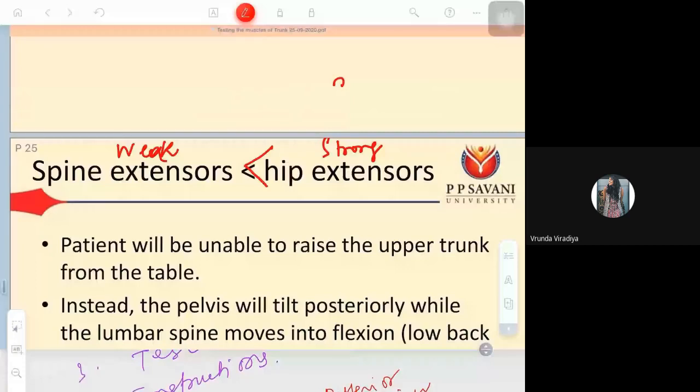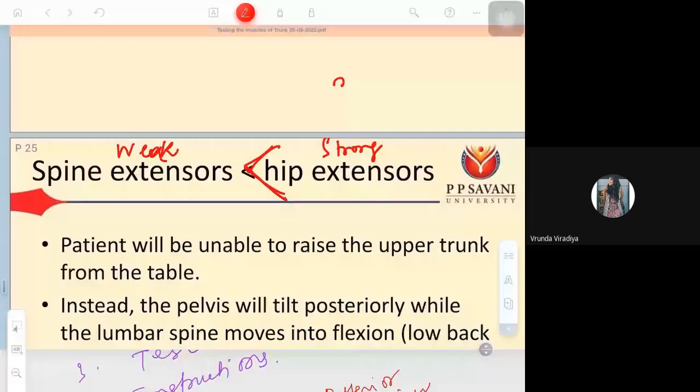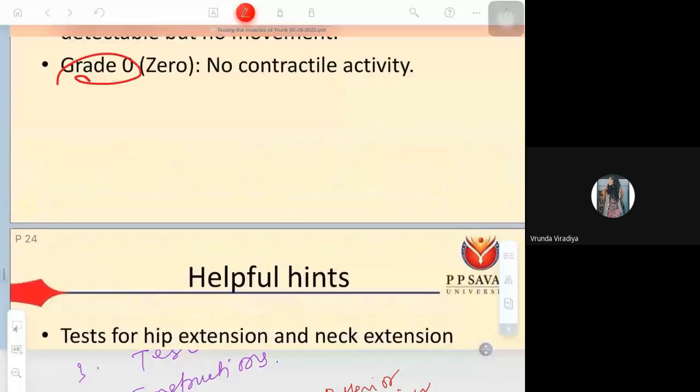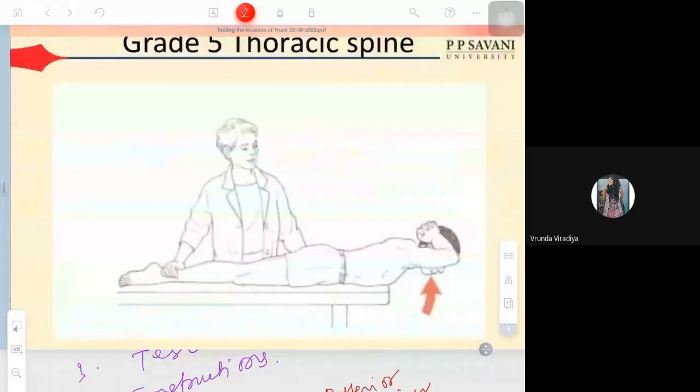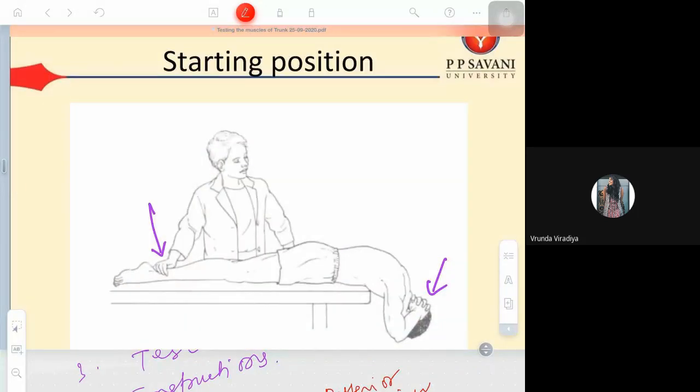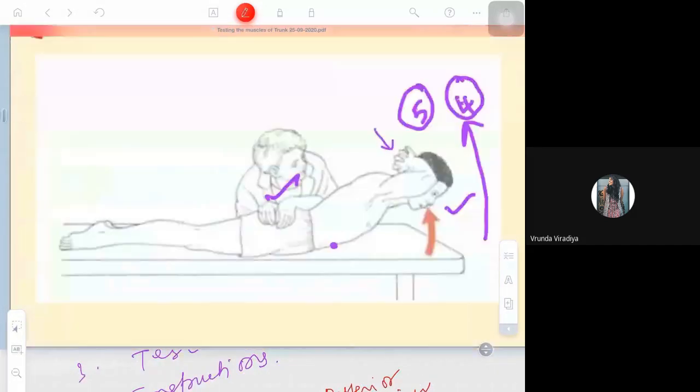Hip extensor is stronger, spinal extensor is weak. What I have told already, hip extensor is the base. In the beginning I have told somewhere. Hip extensor is, so this is the position.